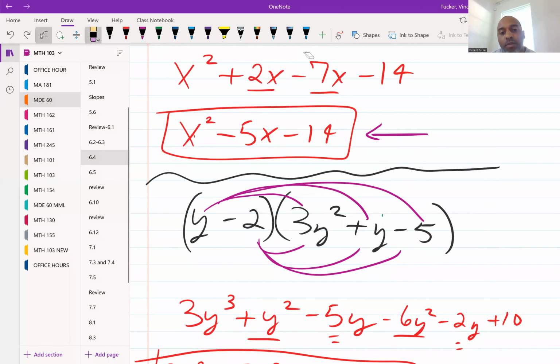So y times 3y squared is 3y cubed. Y times y is y squared. And then y times negative 5 is negative 5y. Then take negative 2 times 3y squared, which is negative 6y squared. Negative 2 times y is negative 2y. Negative 2 times negative 5 is positive 10.